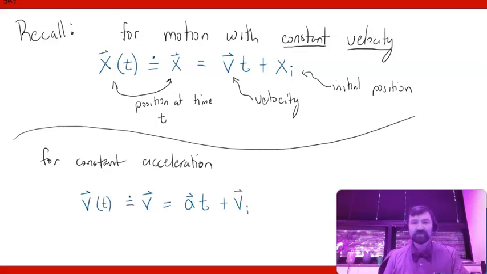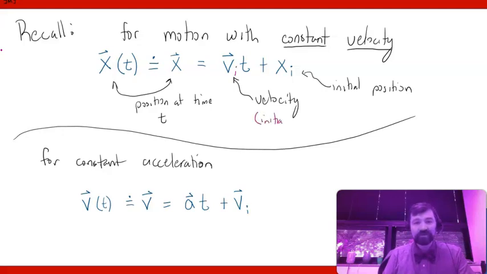So acceleration times time plus initial velocity. Note that up here, when we're talking about motion with constant velocity, we could insert a little subscript i to say that this is the initial velocity, and I'll do that in a different color.